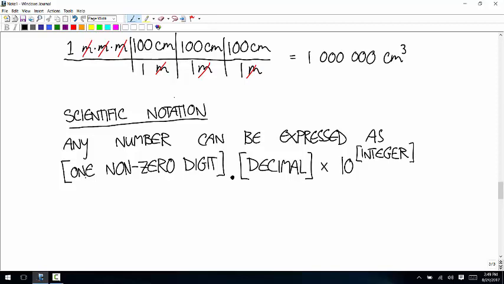And so any number, when you put it into that form, it's in scientific notation.